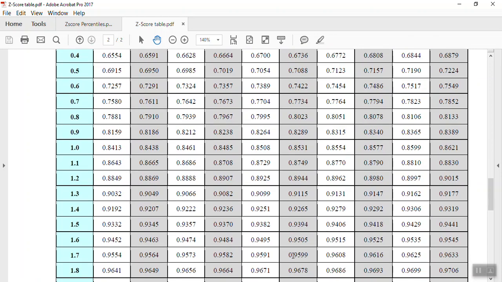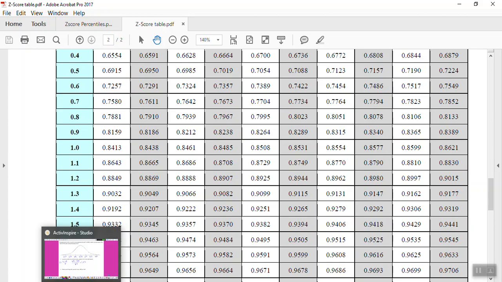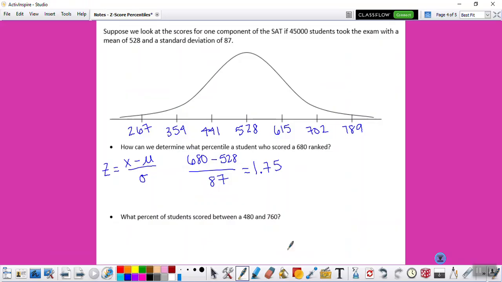So that meets at 0.9599, which means there's 95.99% below, which is what a percentile means. So we have 95.99%, which we would say is the 96th percentile.